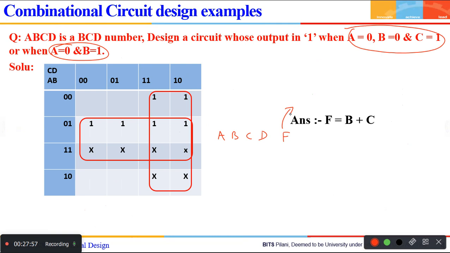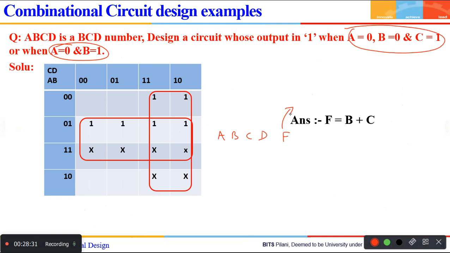Or when A is equal to 0 and B is equal to 1. Can you tell me where you can put 1 in this case? A is equal to 0, B is equal to 0, and C is equal to 1. That satisfies, right? It is an OR condition.